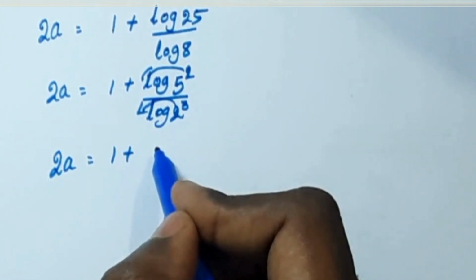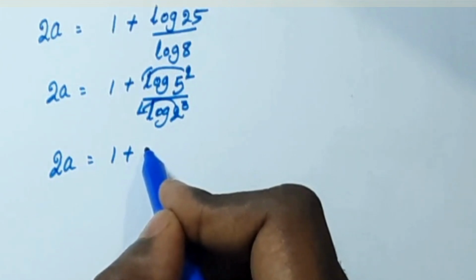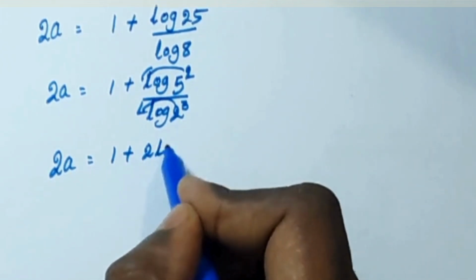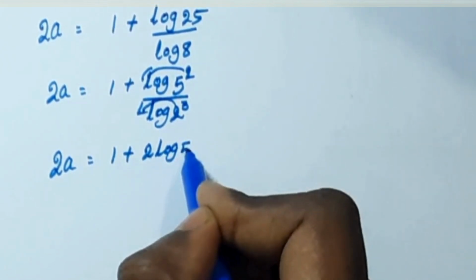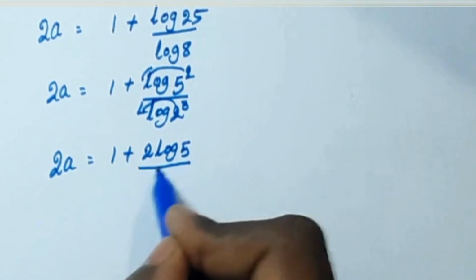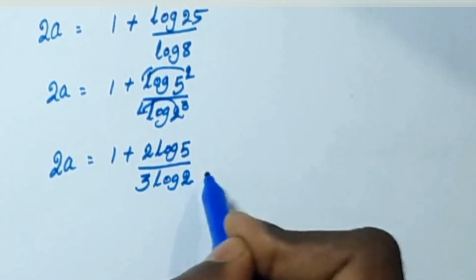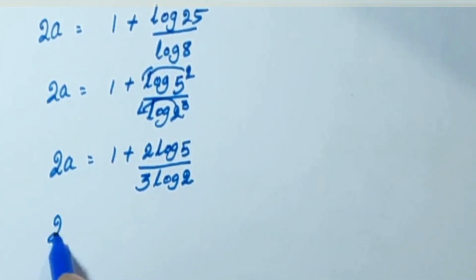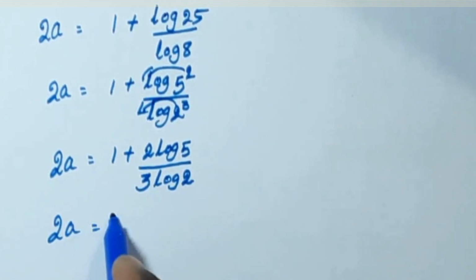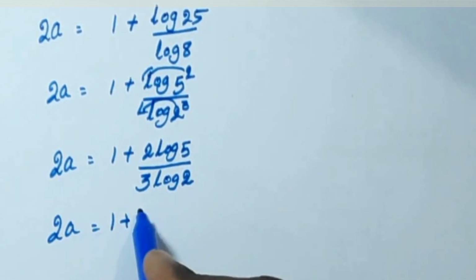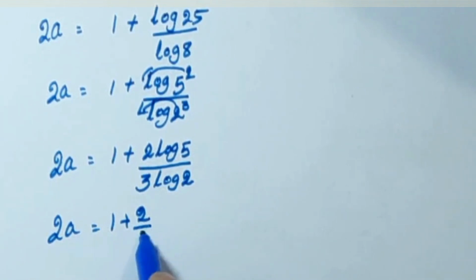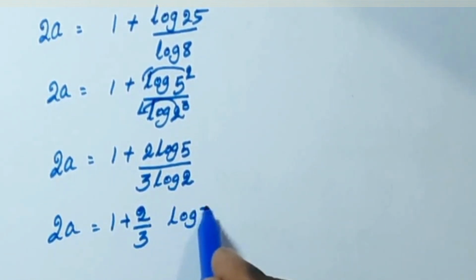As per the power log formula, 2a = 1 + 2 log 5 / 3 log 2. Now 2a = 1 + (2/3) log 5 / log 2.